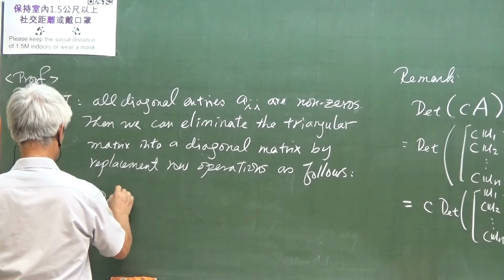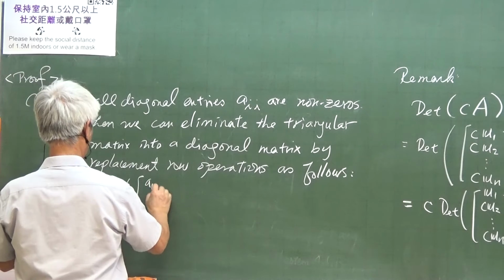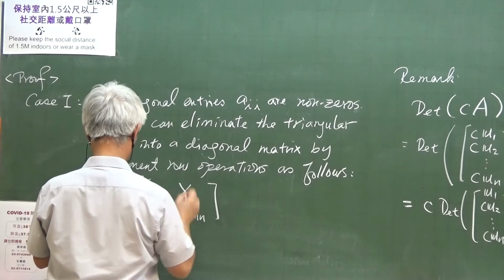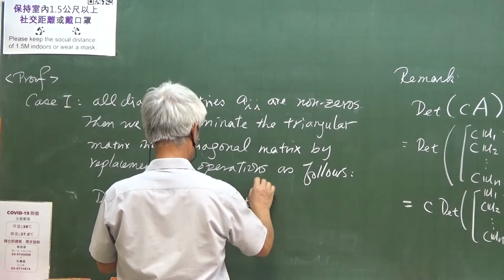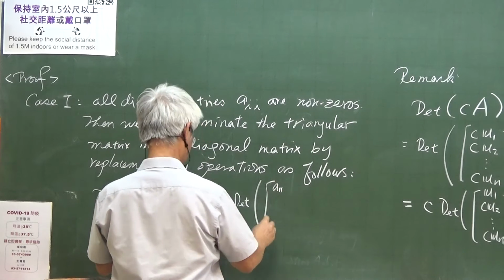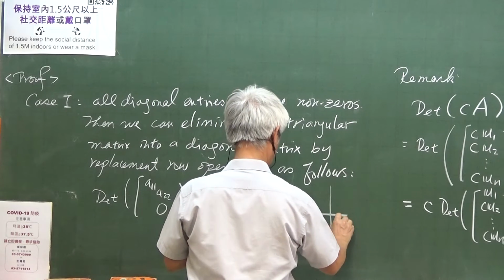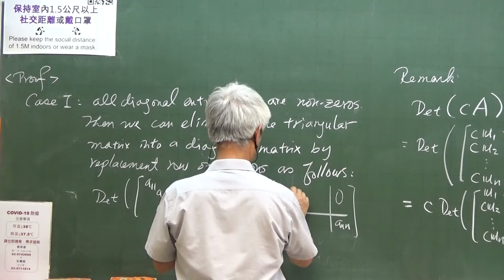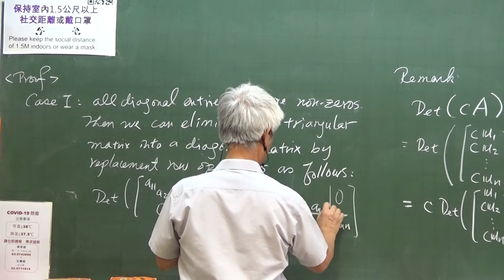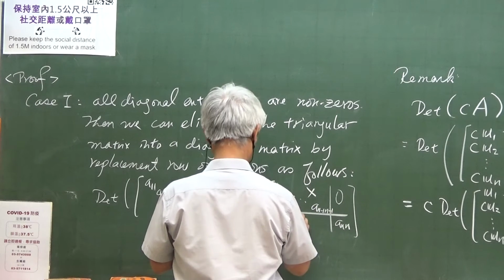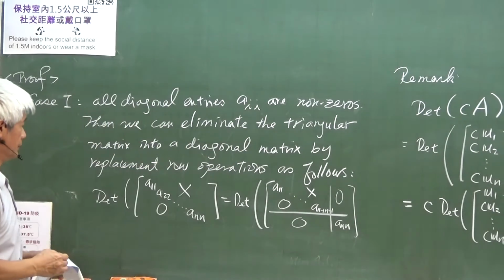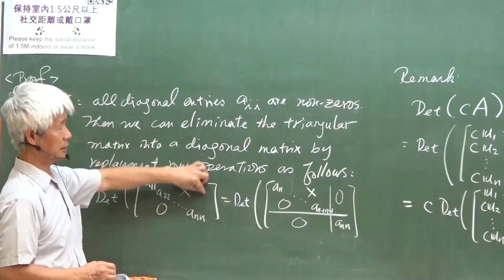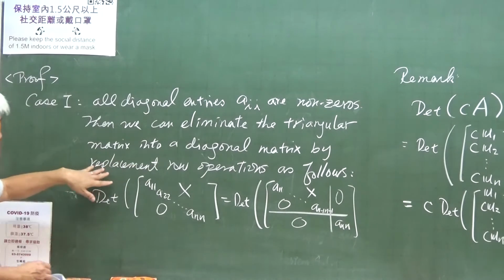So the determinant of A11, A22 up to Ann is equal to the determinant of A11, ..., Ann, and these are all 0. You can use the last one, that's Ann, to eliminate all the entries above it by the row replacement.